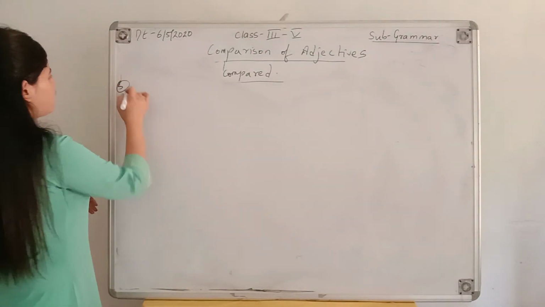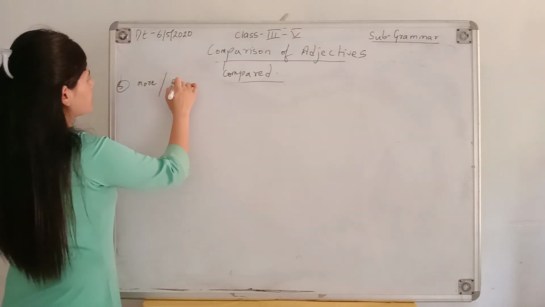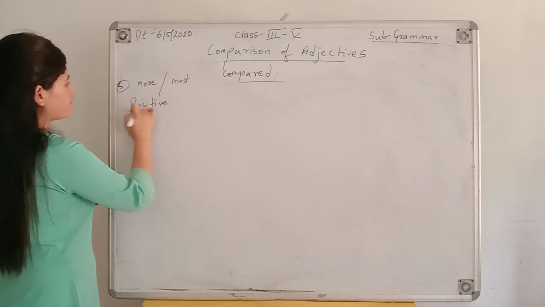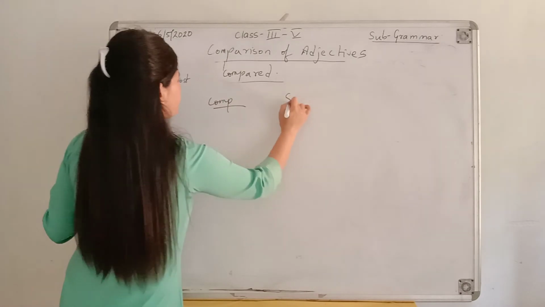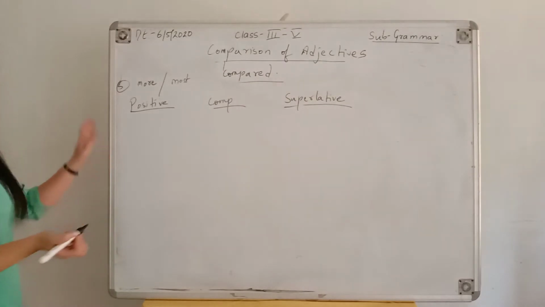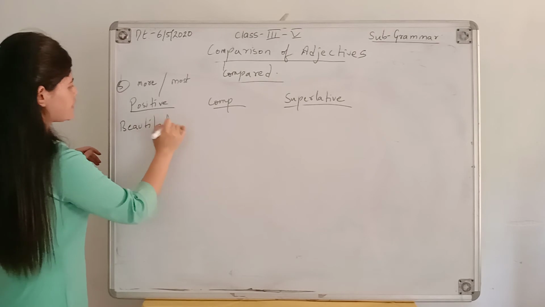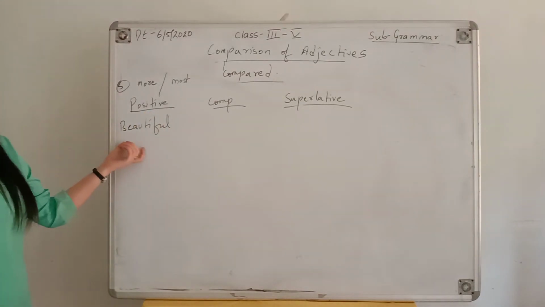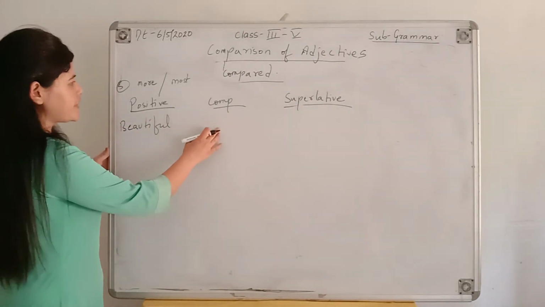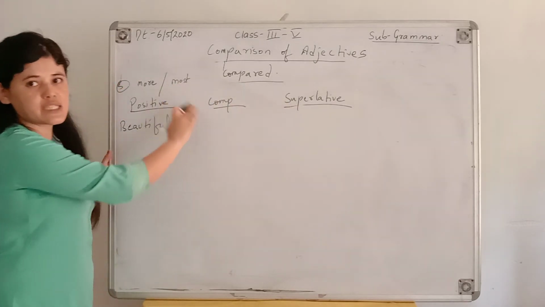So number five is adding more in comparative and most in superlative. For example, positive, comparative and superlative. And when do we add more or most? If your word in the positive degree has more than two sounds, then in comparative we will add more, and in superlative we will add most.